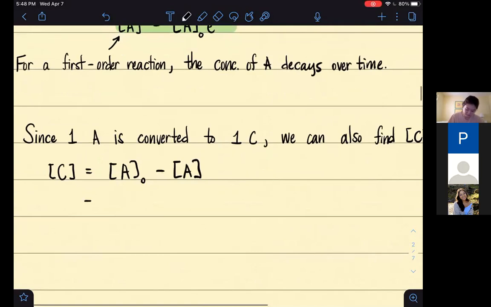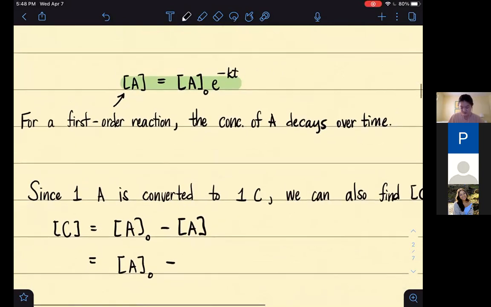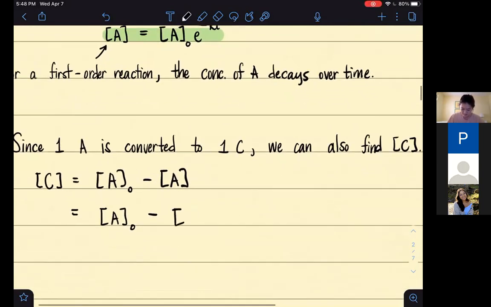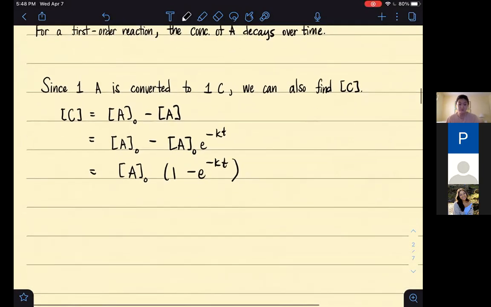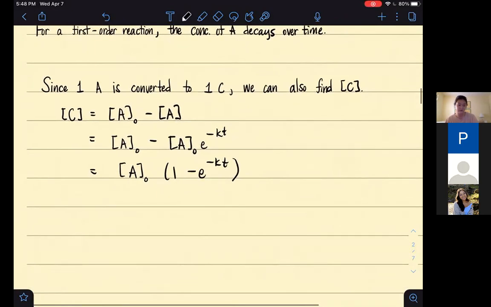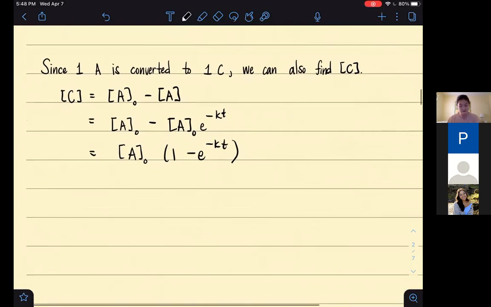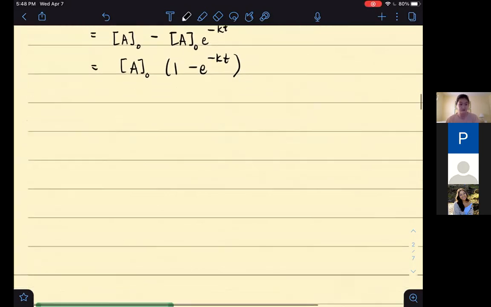We know the concentration of A at any given time from our expression above. So just plugging this in, we get the initial concentration times e to the minus kt, and then again, you can simplify this term. This concentration of product also changes exponentially, but flattens out as t tends to infinity.